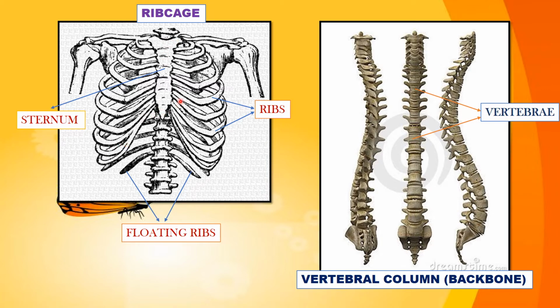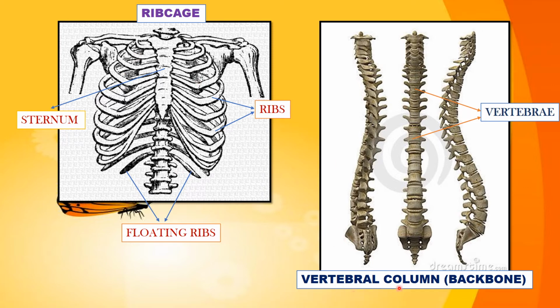It holds the ribs in place in the front. Ribs are also attached to the backbone, and the last two pairs of ribs are not attached to the sternum but are attached to the backbone. They are called floating ribs. Movement of the rib cage helps in breathing.